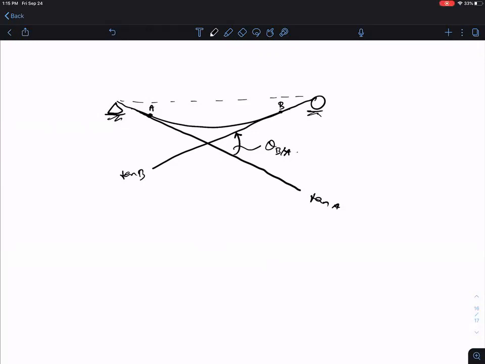So the M over EI diagram is positive. So again, the angle is measured counterclockwise from tangent A to tangent B. On the other hand, if the area under the M over EI diagram is negative, or if it's below the x-axis, then theta BA would be measured clockwise from tangent A to tangent B.